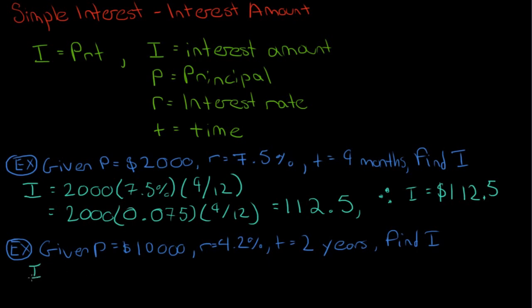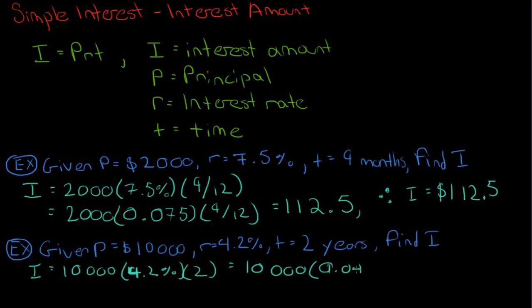So let's start by writing the equation. So our principal is 10,000. Our rate is 4.2%, and our T is 2 years. Now simplifying this further, to turn the percentage into a decimal, we could divide it by 100 or move it 2 decimals to the left, whichever you prefer.